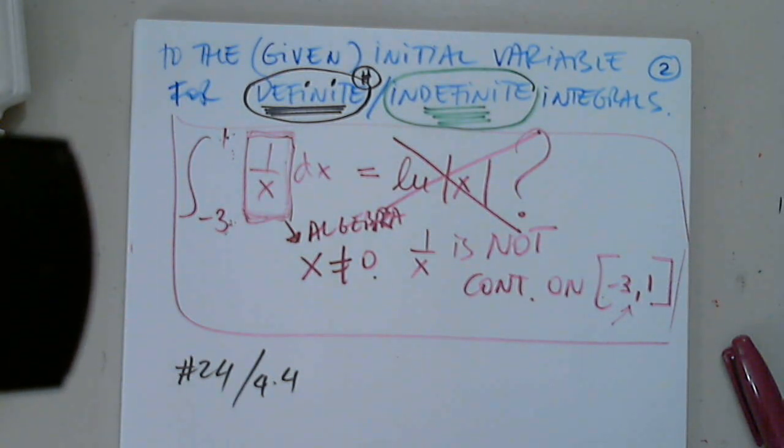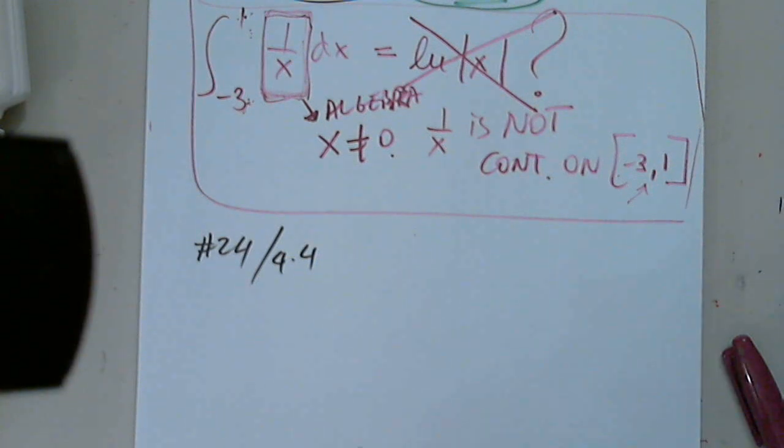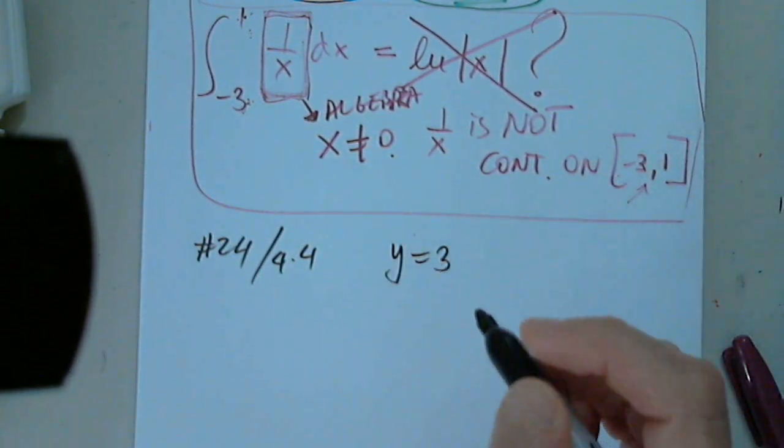If you know the page number, let me know. If not, I'll go back and find it. I think it's 425, yes. 425. Enter. Good. So we want to look at 24. Okay. So we have y equals 3.